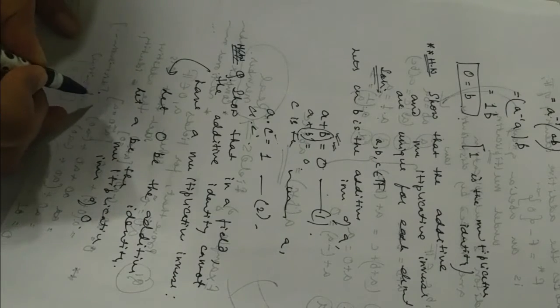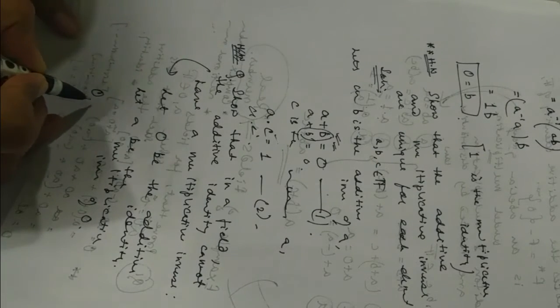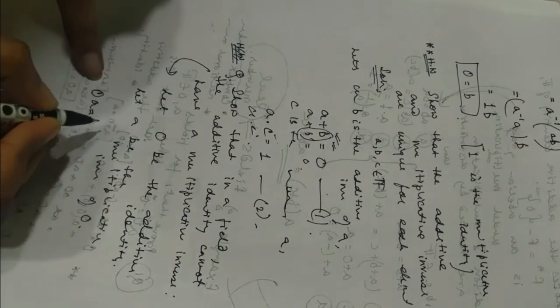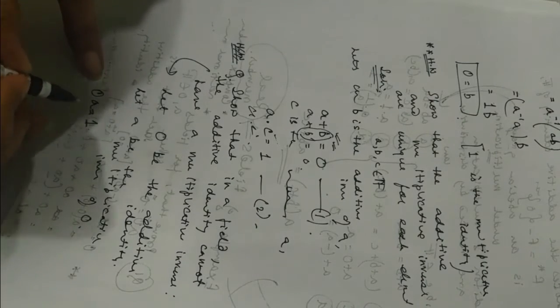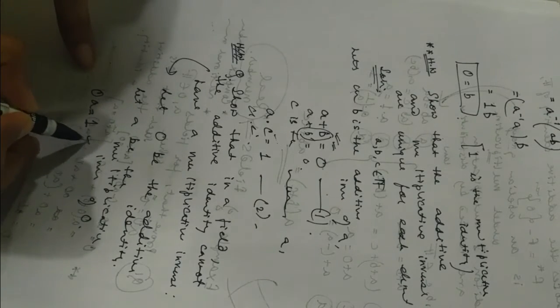That means what needs to be proved? 0 multiplied by A, that is 0 multiplied by its multiplicative inverse, should give me the multiplicative identity. That means if this equation would have been satisfied, the additive identity would have a multiplicative inverse.